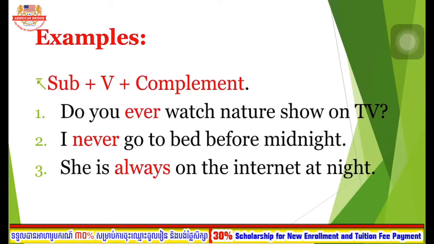You know that never is used in a positive sentence to make that sentence negative. Number 3. She is always on the internet at night. Always over here is used after to be, on the internet. So good students. All of these sentences are used to talk about people's lives.